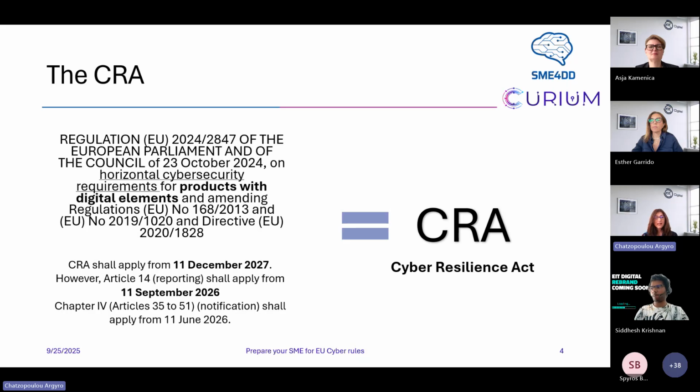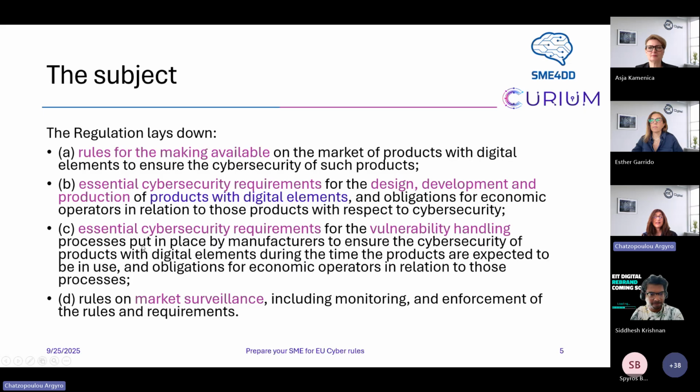So this is the CRA, the Cyber Resilience Act, and as we said, this is what it's trying to do. It tries to put in rules for making available on the market products with digital elements, to make sure that specific requirements are applied for the products that fit this category.